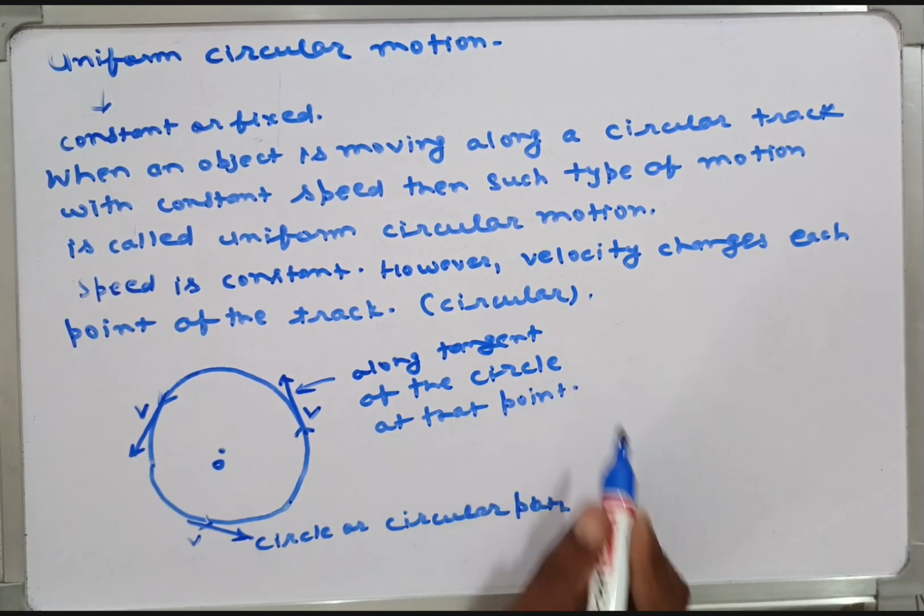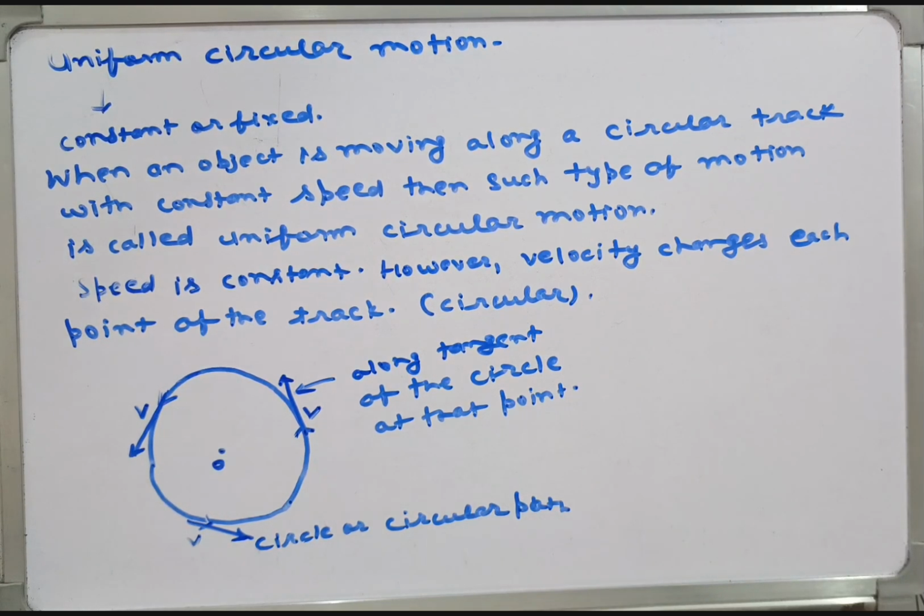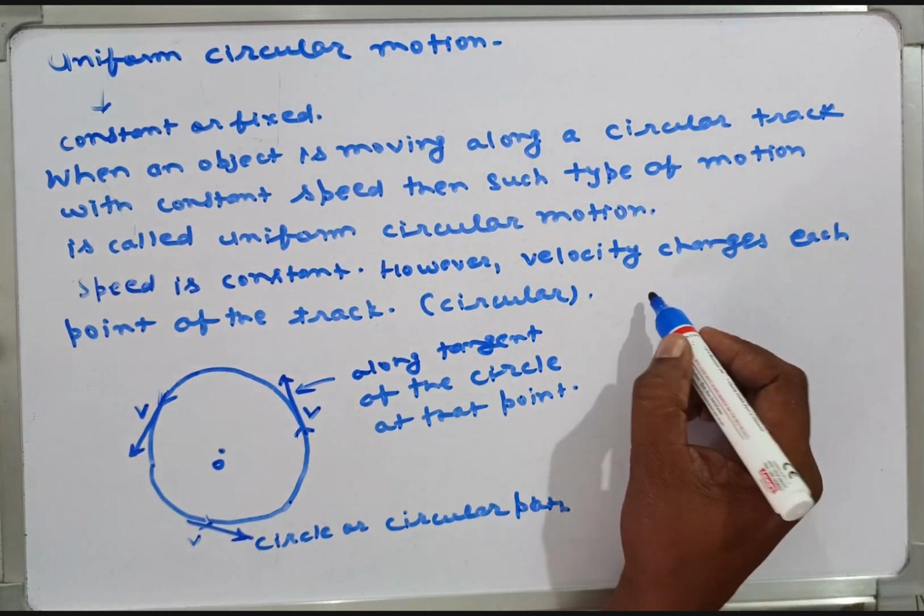You already know that when a speed is constant and it has a direction, it is known as velocity. Now one question arises in your mind: sir, how could you say the direction of the object moving along a circular path is the tangent of the circle at each point? So see the explanation here, guys.